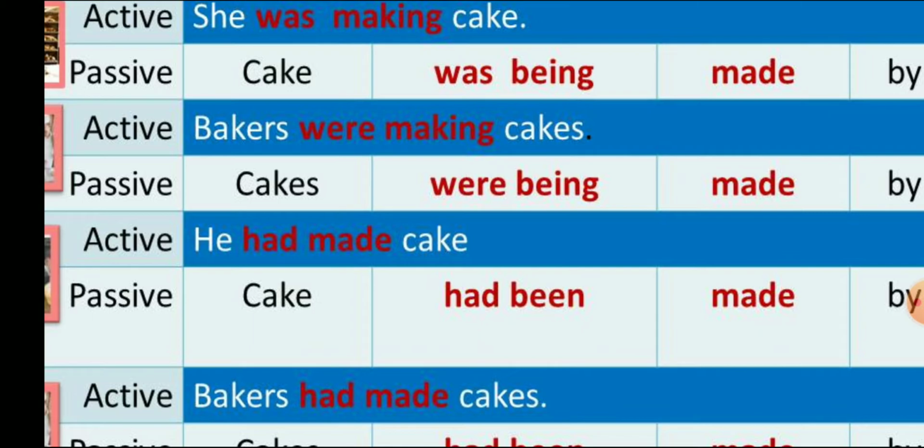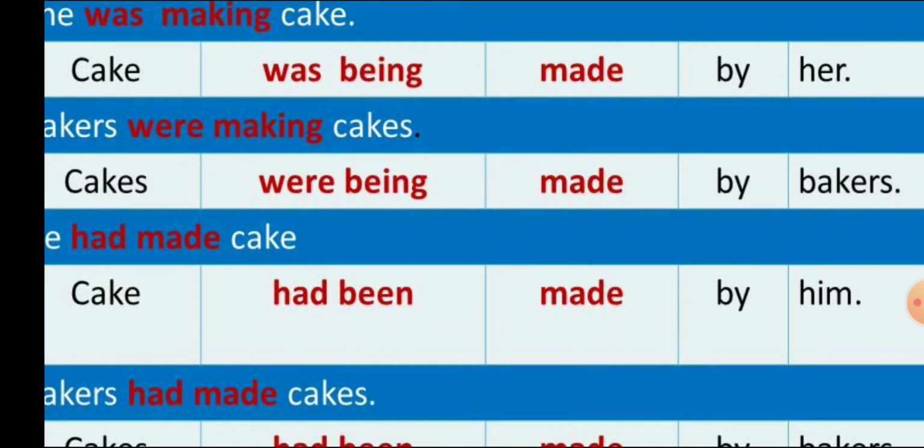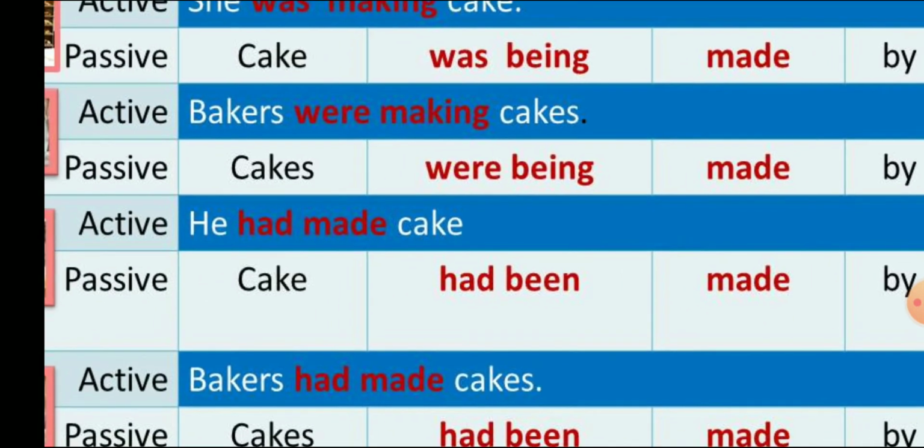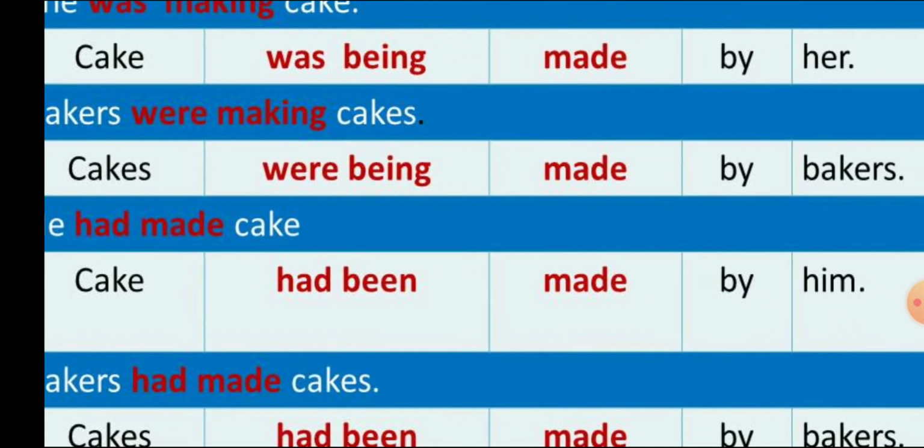He had made cake. So he is the subject, cake is the object. Now the sentence is in past perfect tense. Now interchange the subject and object. Now, cake had been made by him. So in between had and made we had to use been. So for past perfect tense, cake had been made by him.